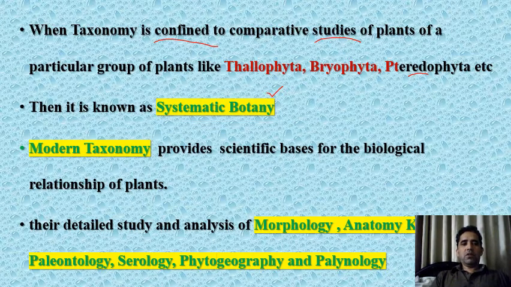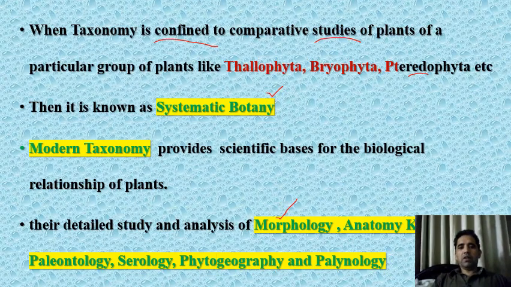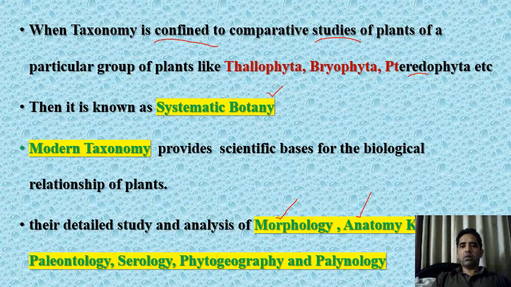In modern taxonomy, knowledge comes from different fields. For example, morphology is involved, which is the structural variation in plants. Anatomy is internal morphology. Karyology is the study of the structure of the nucleus. Paleontology is the study of fossils, the dead remains of plants.